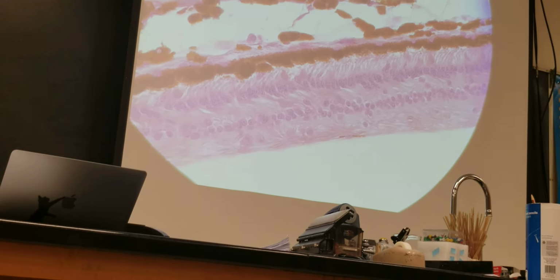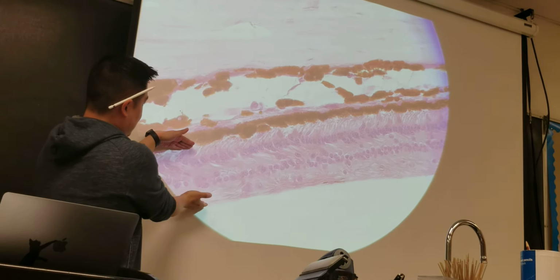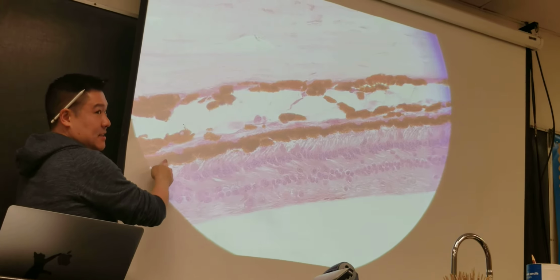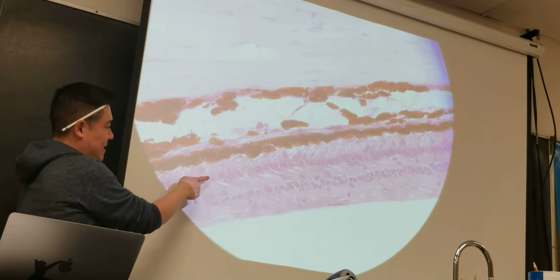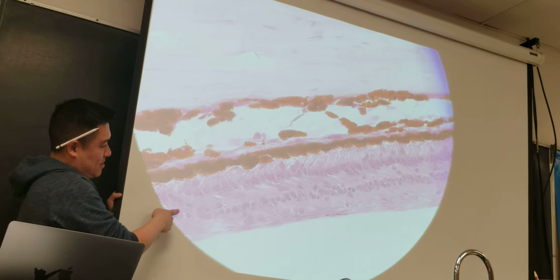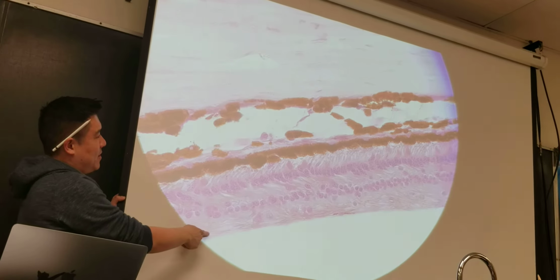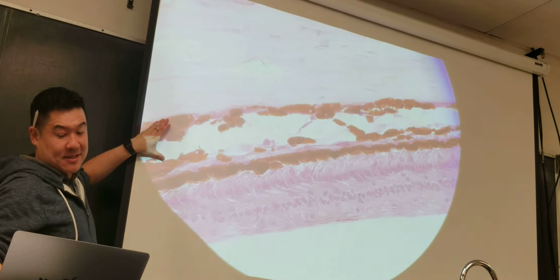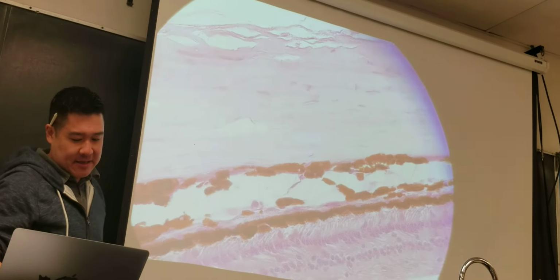So we have the retina, which includes this dark layer of cells, pigmented epithelium, rods and cones, bipolar neurons, and ganglion cells. What does that make this stuff up here? It's the choroid, and then this is the sclera.